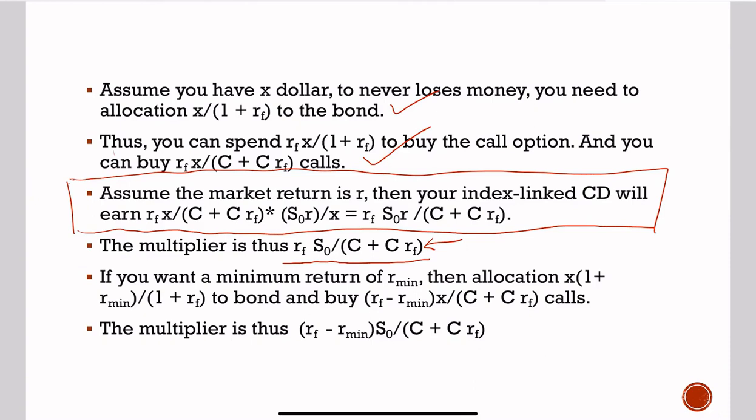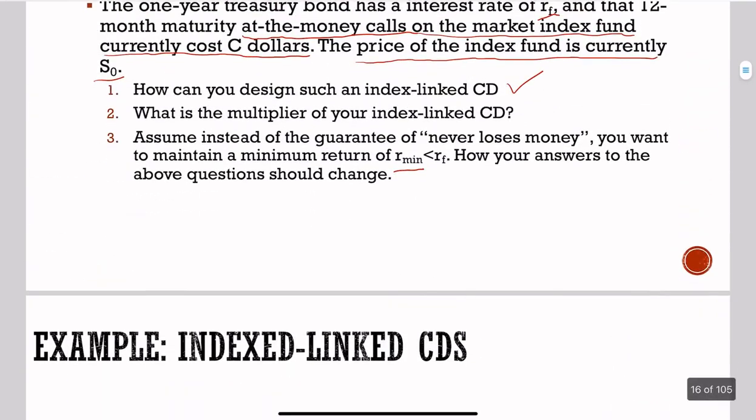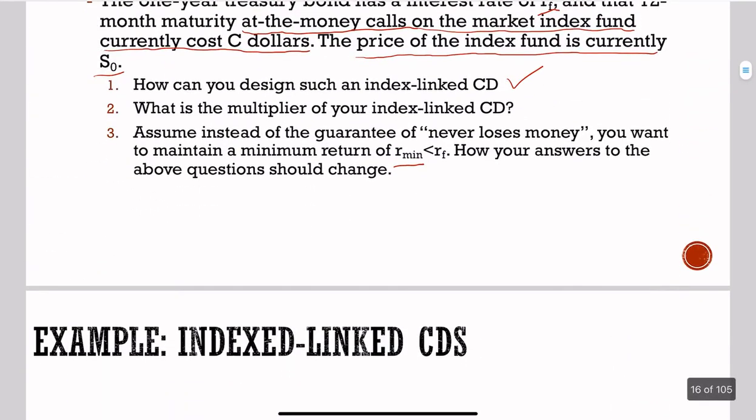Now let's look at the third question here. Assume that instead of the guarantee of never losing money, you want to maintain a minimum return of R min. The guarantee of never losing money is actually a special case.